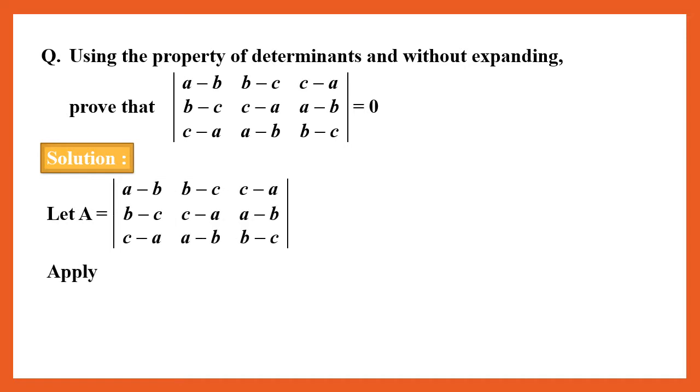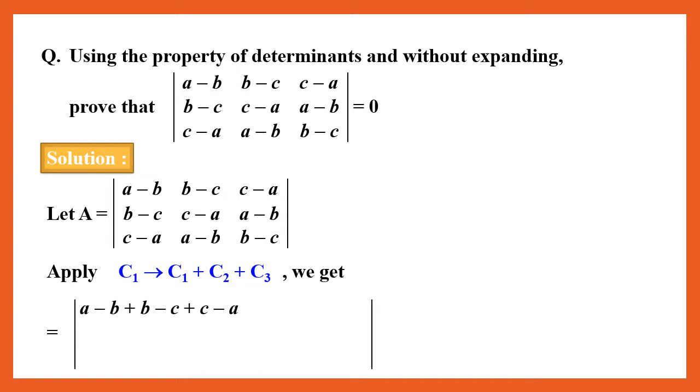So again we will consider the given determinant as A. So we will apply the property C1 implies C1 plus C2 plus C3. So the elements of C1 are getting changed to C1 plus C2 plus C3 and rest of the elements we are keeping it as it is.